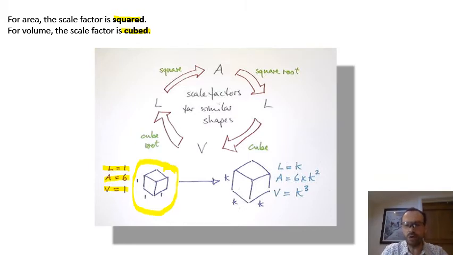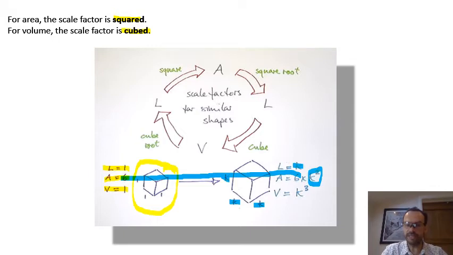Well, let's think what happens if we take that cube and we multiply each length by k. So if we now call the lengths k, the area will be 6 lots of those k squareds. Okay, so the area goes from being 6 to 6 times k squared.